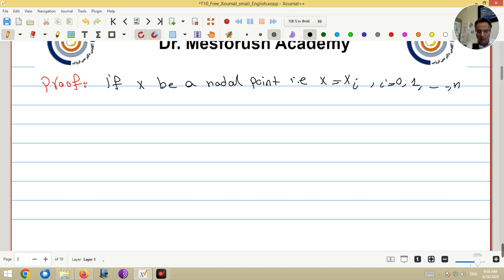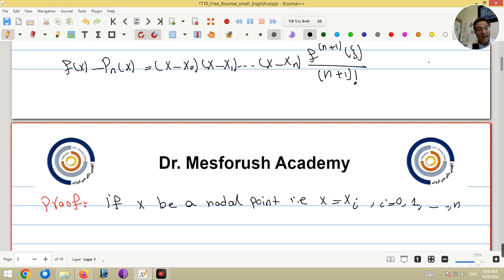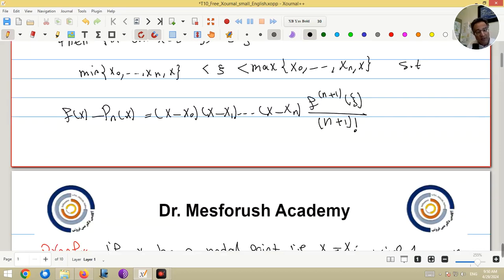So it's clear that f of x and Pn of x at the nodal point are the same. So the left hand side will be 0, and also in the right hand side one of these parentheses will be 0, so this product will vanish and the right hand side will also be 0.